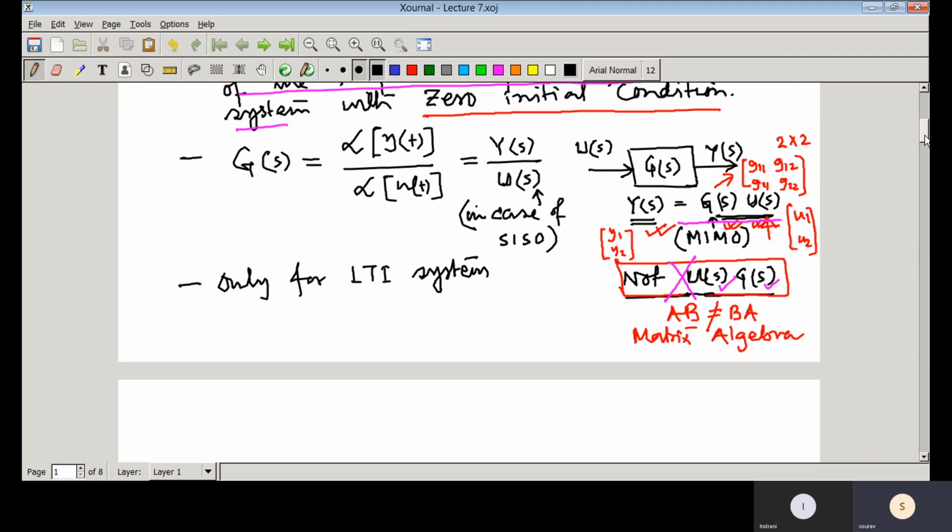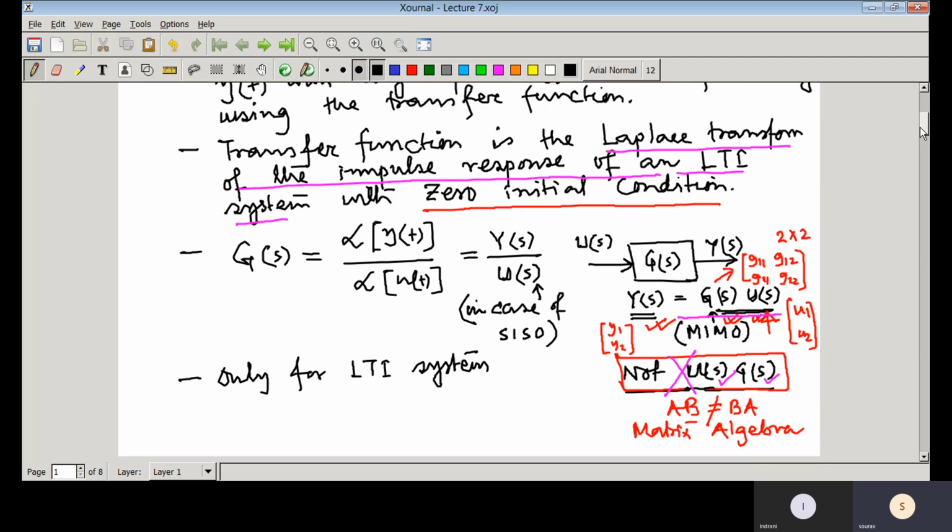And as I have pointed out, this is very important in transfer function modeling: we always assume that the system is initially relaxed. So if you represent a system by a transfer function, it does not give you any information regarding the initial condition. That is one of the major disadvantages of transfer function modeling.